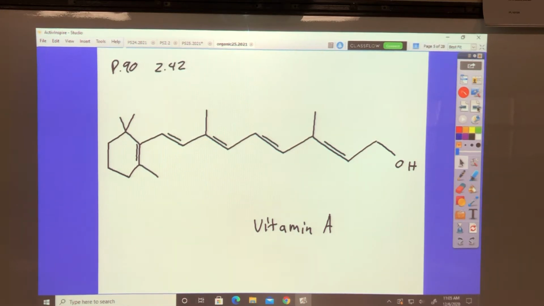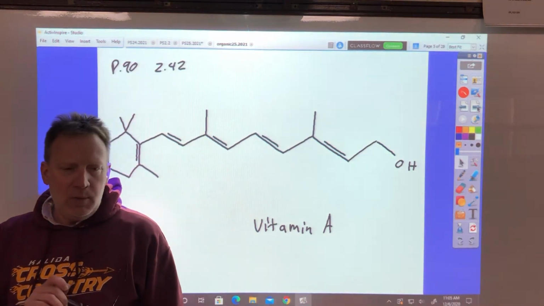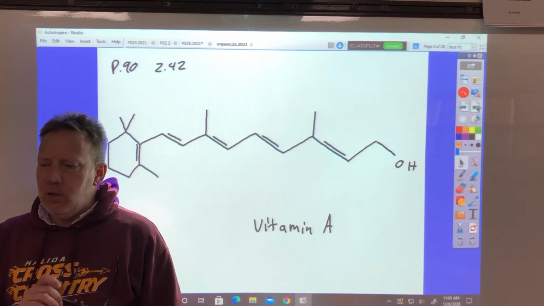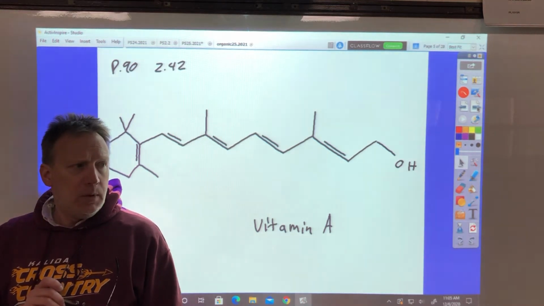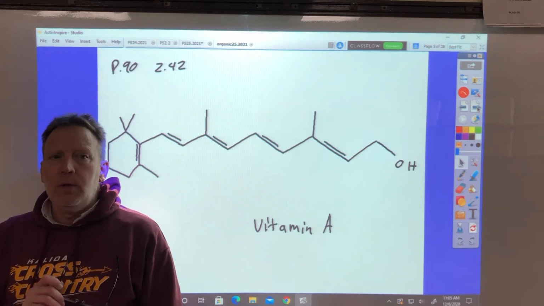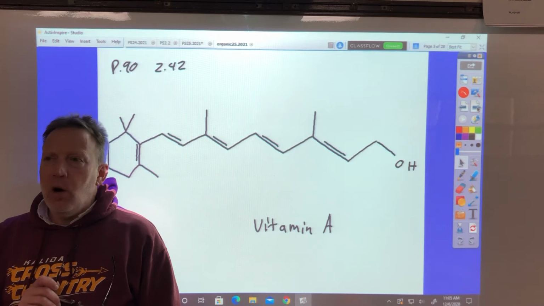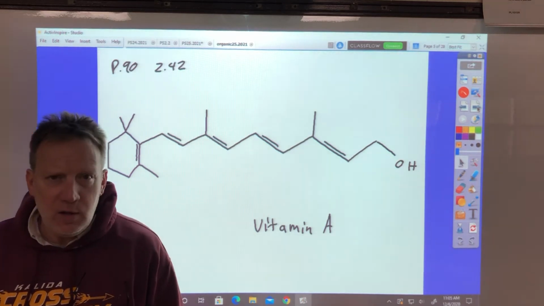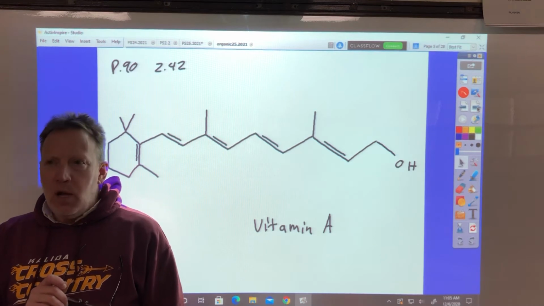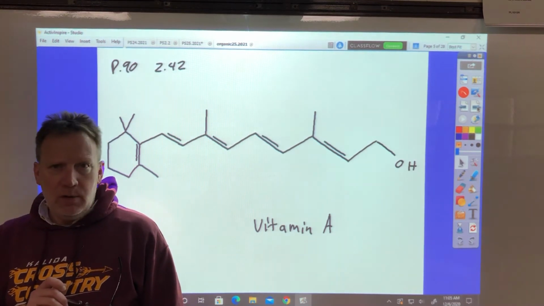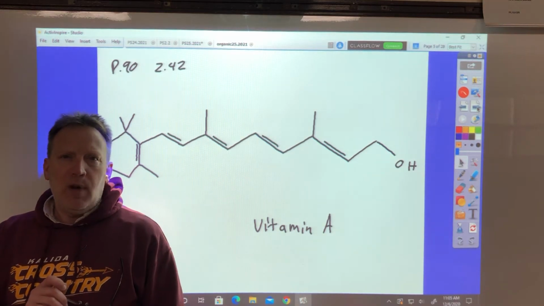What a vitamin is, by the way, I'm not going to get into a lesson on vitamins, but a vitamin is an organic chemical that we need to do metabolism or some function. And we can make all of our own molecules to do everything we need to do except for a few dozen. And those molecules we pick up from somewhere else in our environment, in food, and those are vitamins.